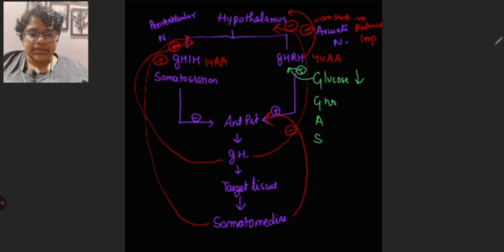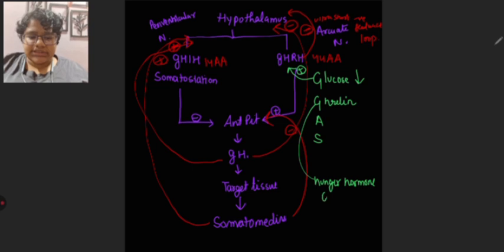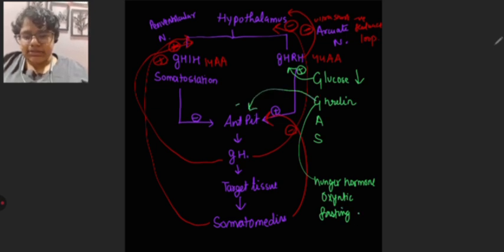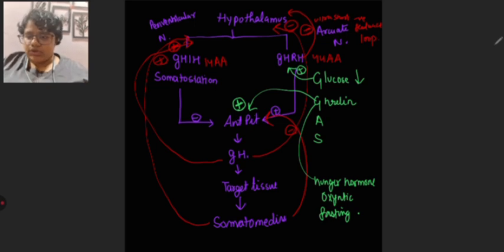Then ghrelin, which is also called our hunger hormone. It is released by stomach oxyntic cells in the fasting state. First of all, it stimulates the appetite, and secondly, it acts by directly promoting the anterior pituitary to release growth hormone. And thirdly, amino acids like arginine.